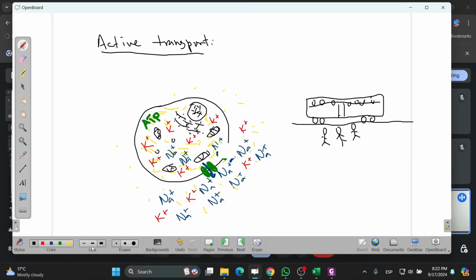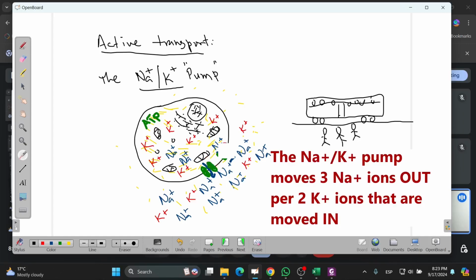Right? So let's say Na+/K+ pump. The sodium potassium pump is these proteins that pump sodium out of the cell against the concentration gradient and potassium into the cell also against the concentration gradient.